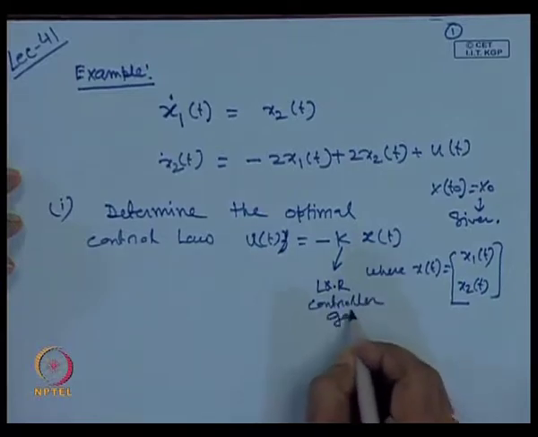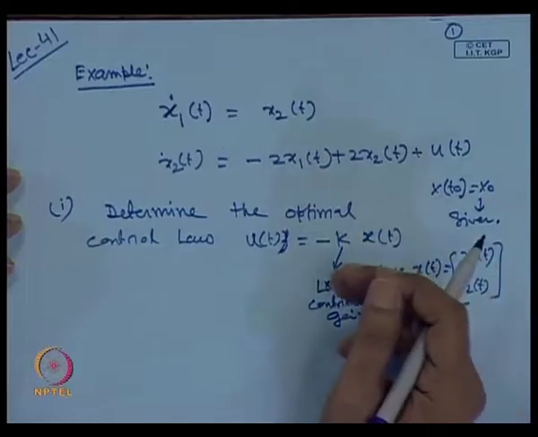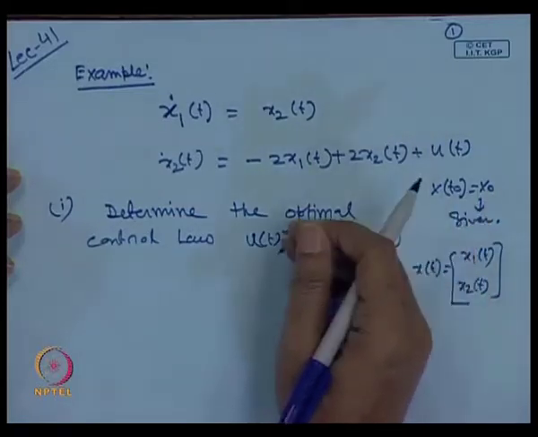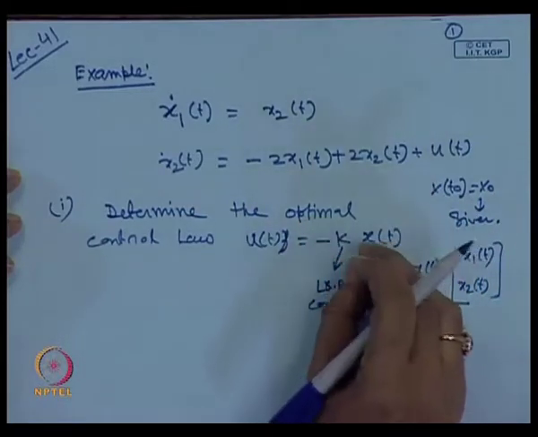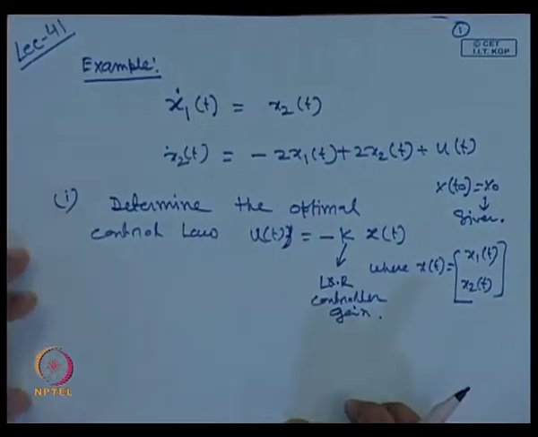It is nothing but a state feedback. What is the information of the state you know from the system? We are doing some linear combination of the states, which will give you the control law u.